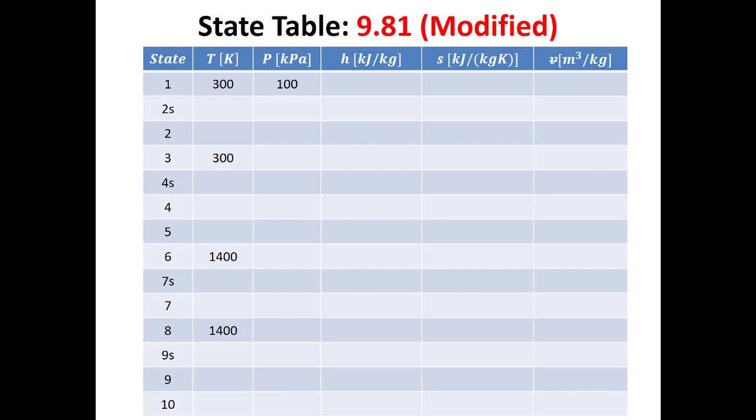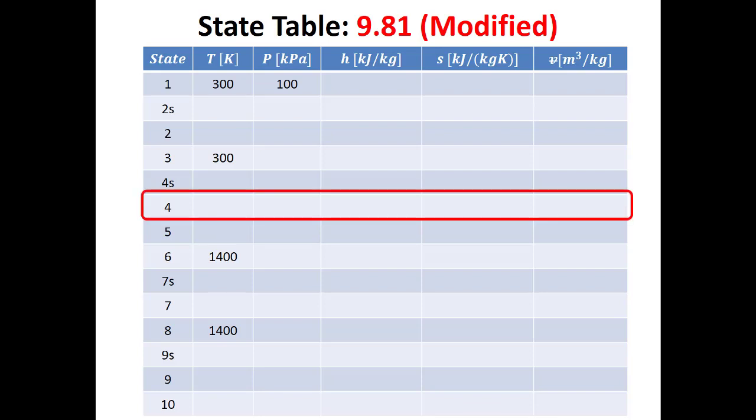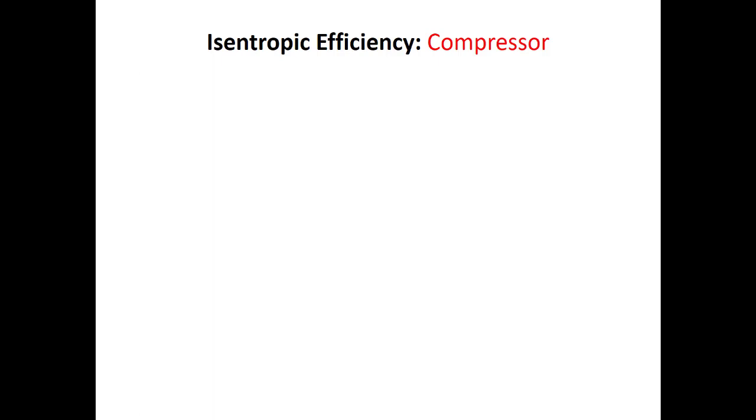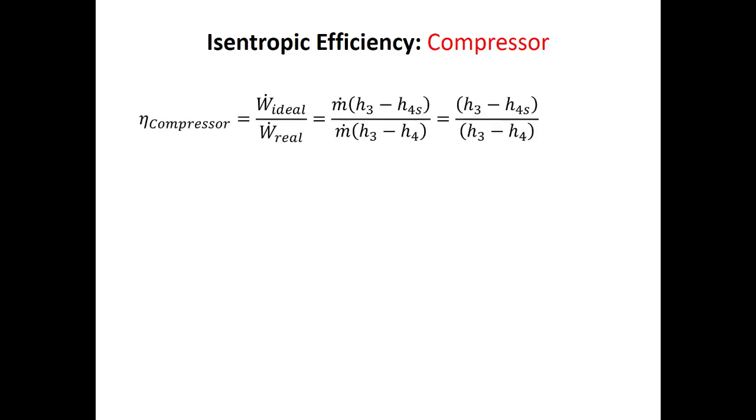So the next thing that I have to do is try to find state 4. And this is just like trying to find the real outlet of the first compressor. Now I know the isentropic outlet, and I know the isentropic efficiency for this second compressor. So again, I can use this isentropic efficiency.